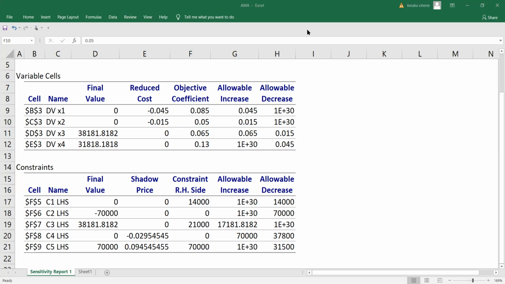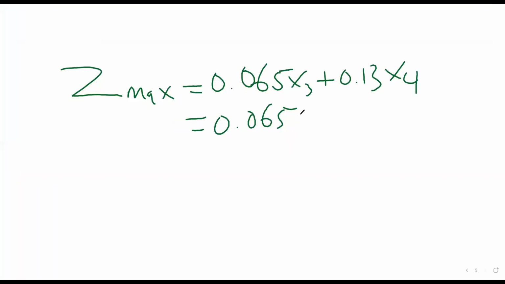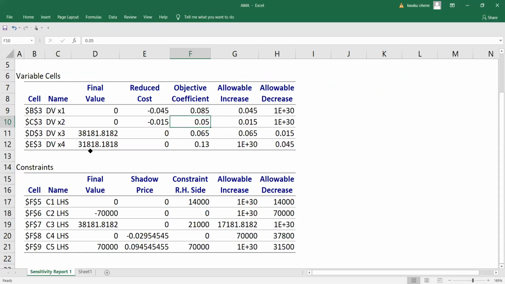38,181.8. So you write that, and then plus 0.13 times the next one, which is X4. When you go to the Excel, you'll notice that X4 is 31,818.2.